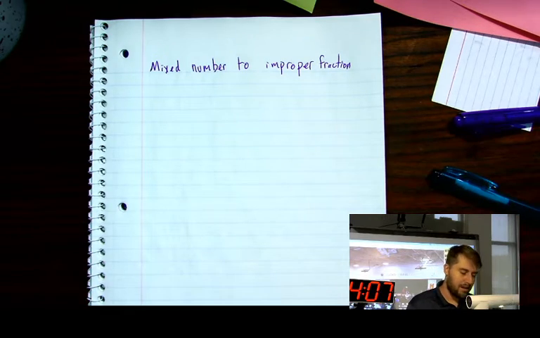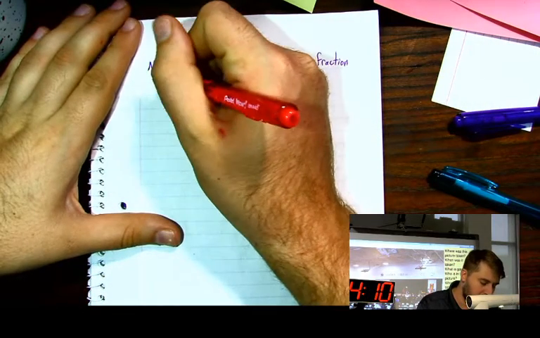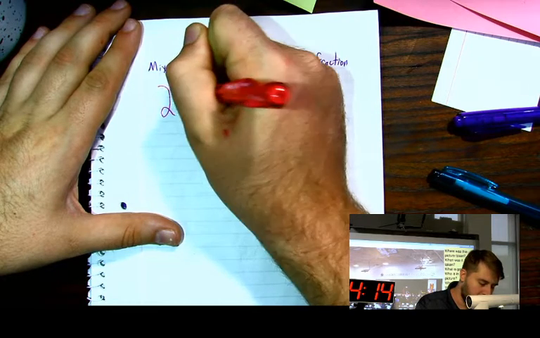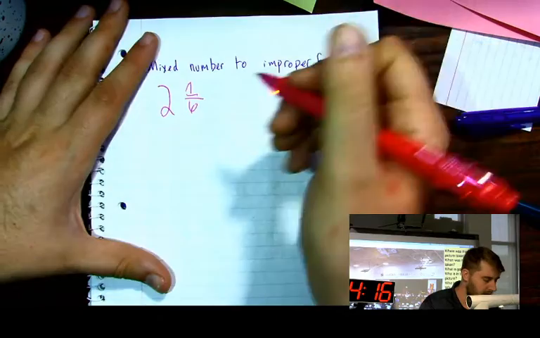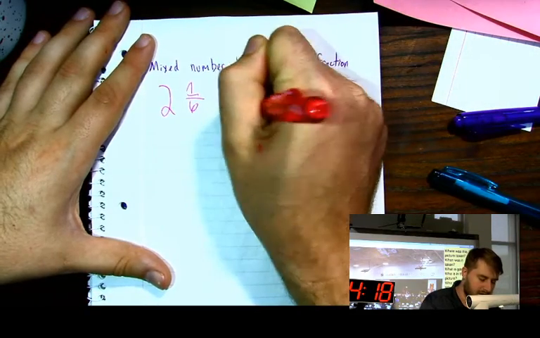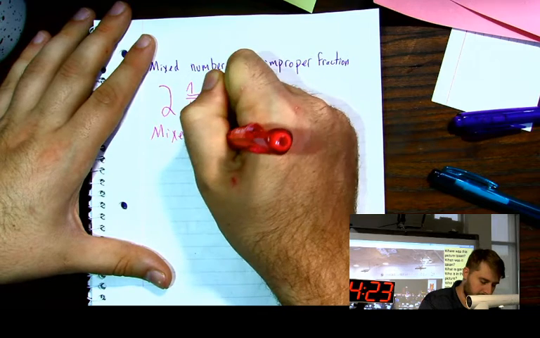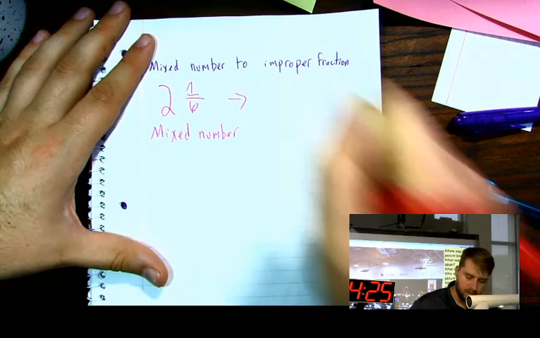But we have a mixed number. It is going to be 2 and 1/6. And we're going to try to get our mixed number to an improper fraction.